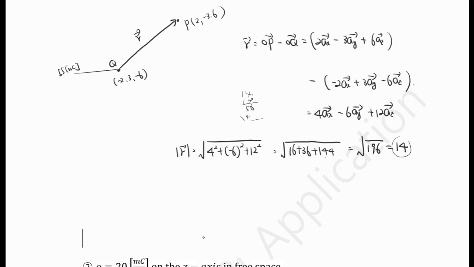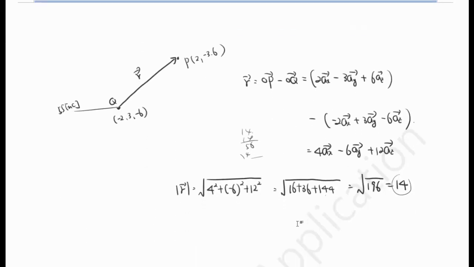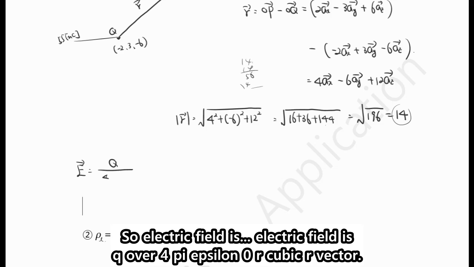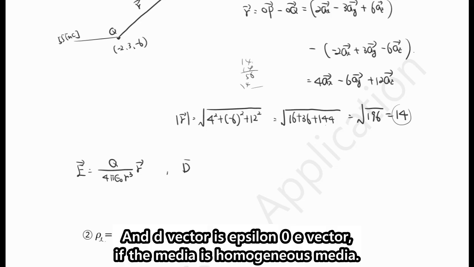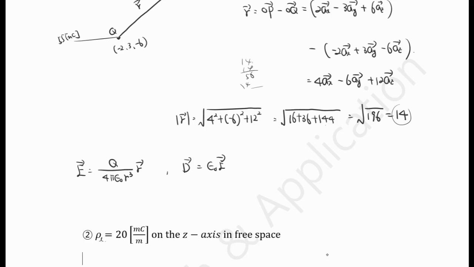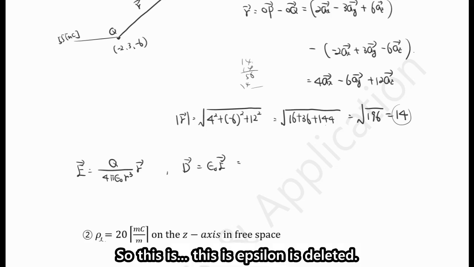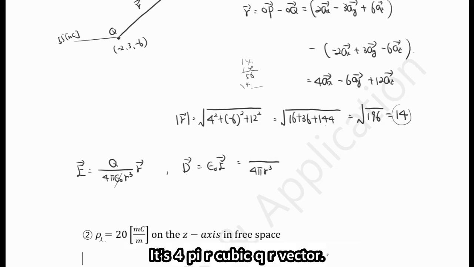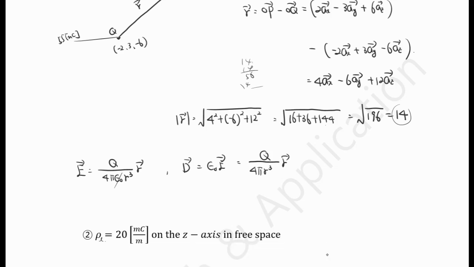So the electric field is Q over 4 pi epsilon 0 r cubed times the R vector, and D vector is epsilon 0 E vector if the media is homogeneous. Epsilon is deleted, so it is Q R vector over 4 pi r cubed.